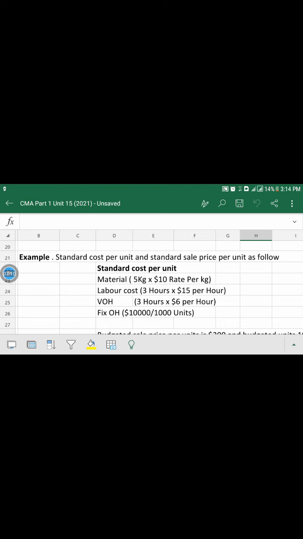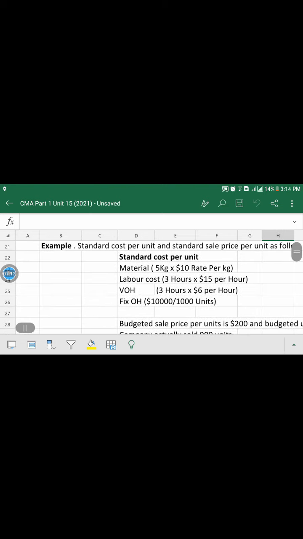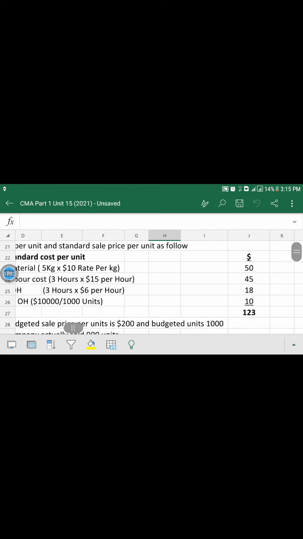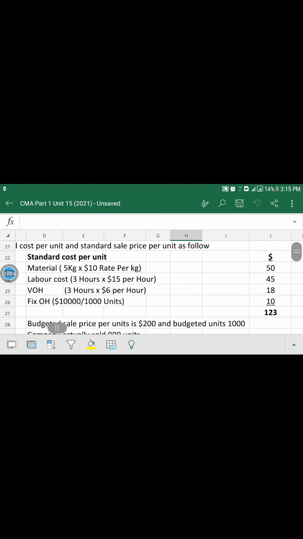Through the example, first we have the standard cost per unit of material, and the price is 50. First of all we have to understand that 5 kg into 10 per kg is what is needed to complete one product, one unit, because here is the standard cost per unit on the top.